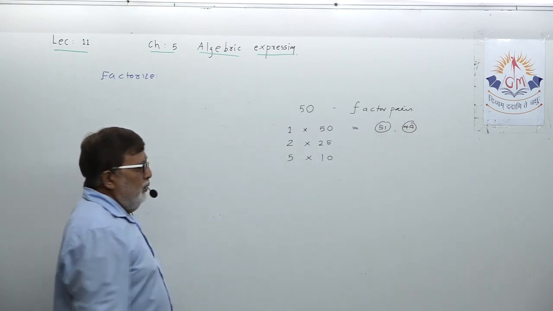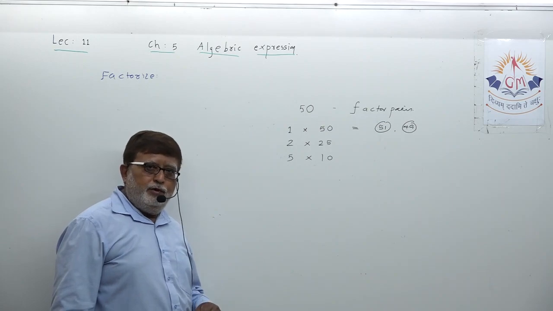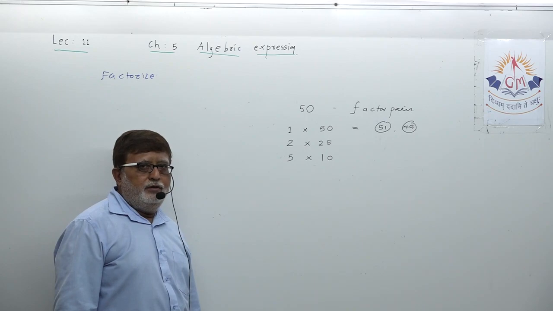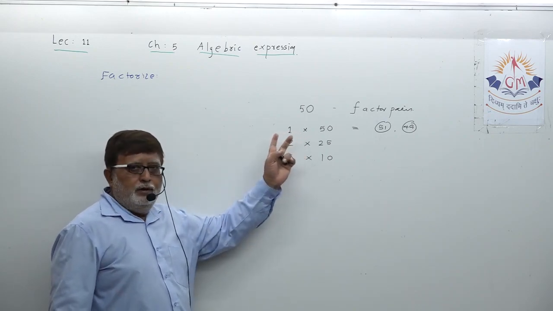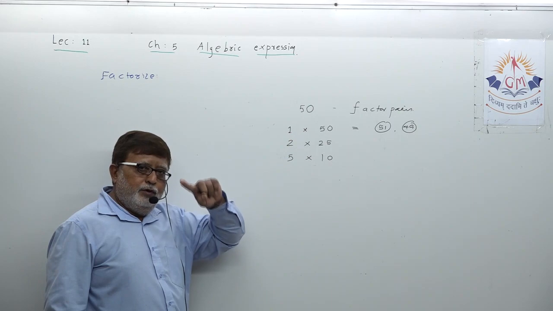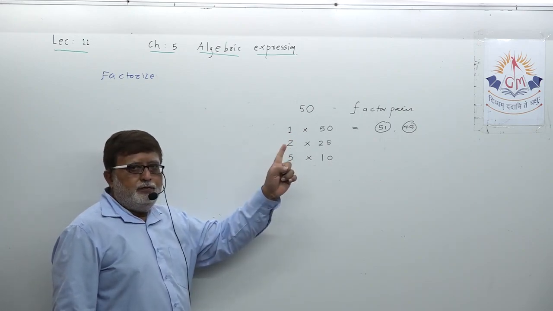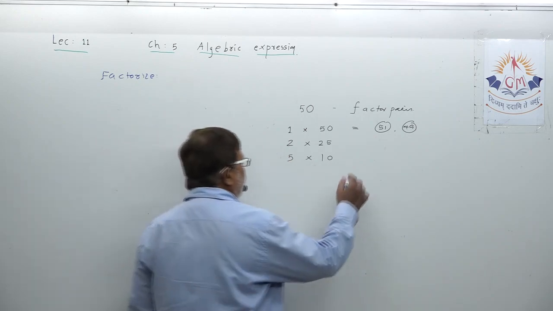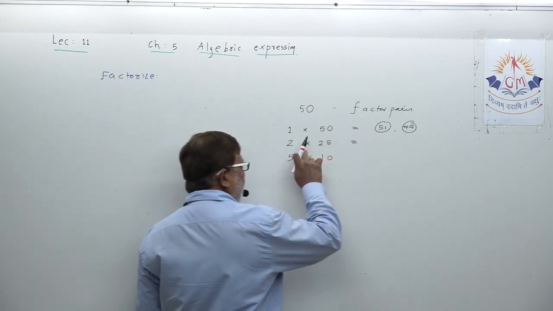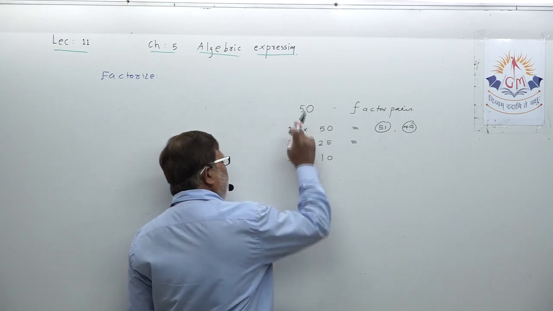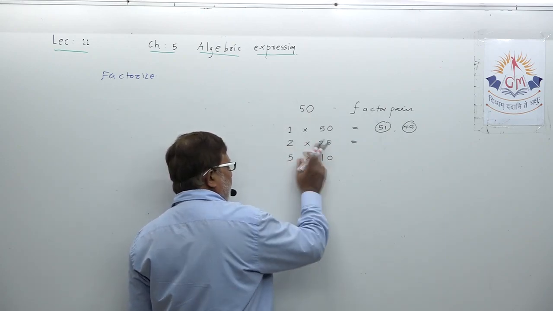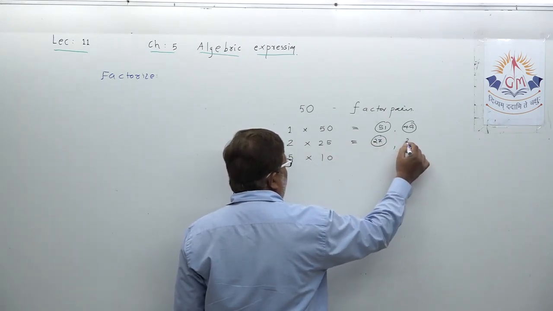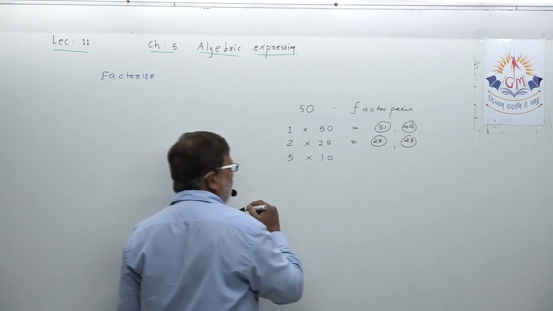These two numbers are factors of 50, but at the same time this needs to be understood: 1 and 50 are such factors of 50 whose addition is 51 and subtraction is 49. Similarly, dear student, 2 and 25 are definitely factors of 50, but if I add them, I get 27. If I subtract them, I get 23.